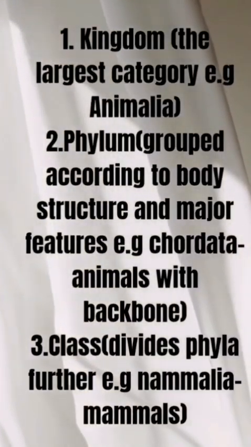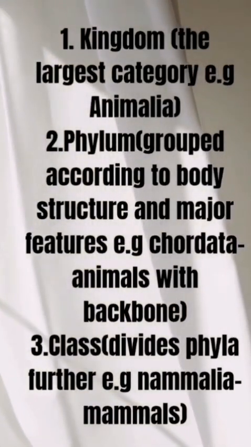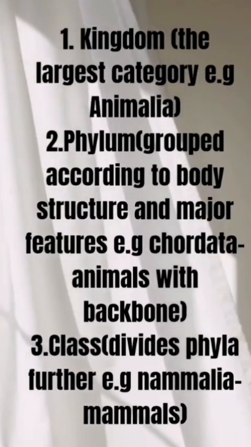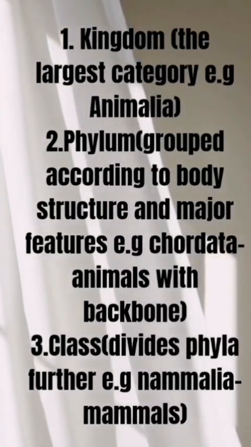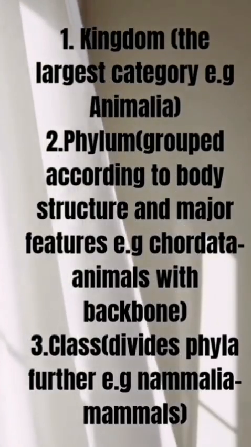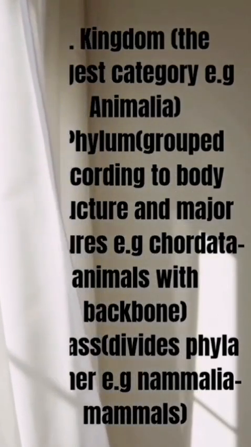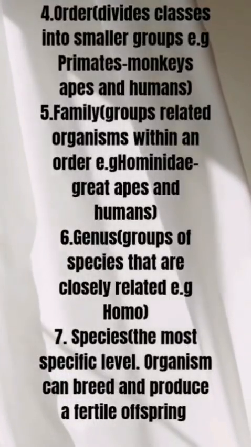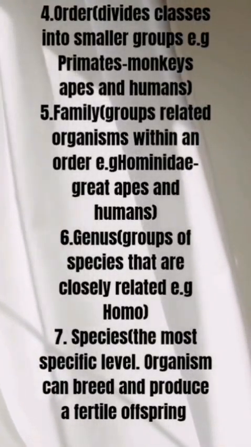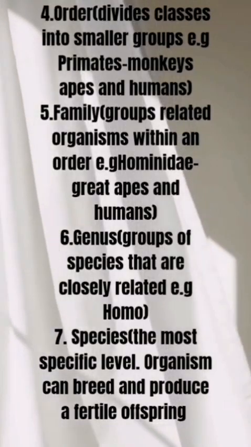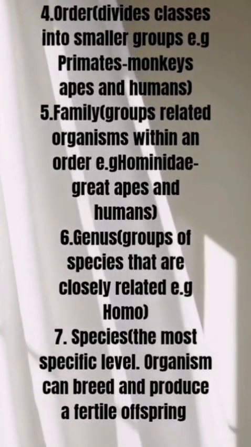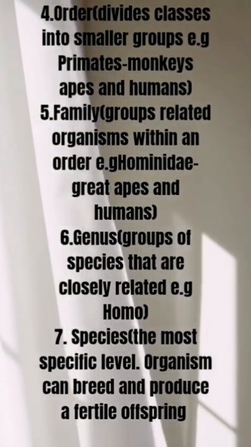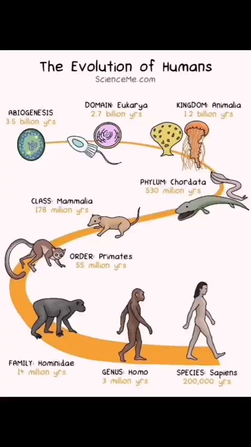We have the kingdom, the largest category; phylum, groups according to body structure; class, it divides the phyla even further. After that, we have the order, which divides classes into smaller groups; family, they are related within an order; 6, genus, closely related; 7, species.